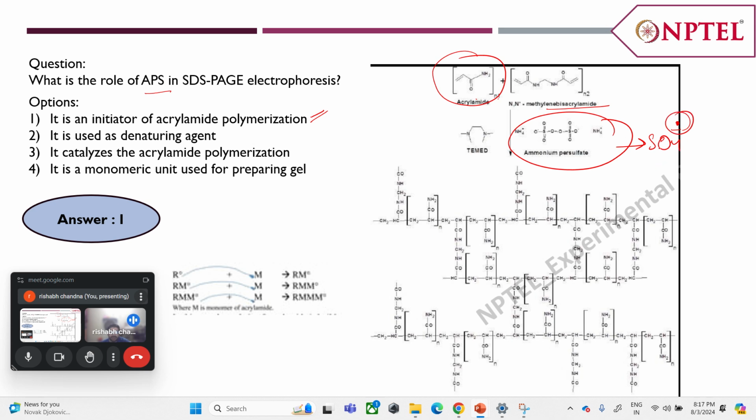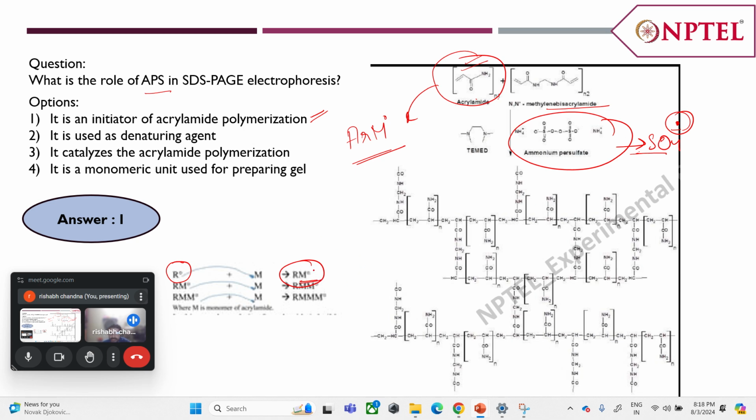Okay, so now what will happen? These sulfate free radicals interact with the acrylamide molecule and it forms acrylamide free radicals, like I have shown in this particular equation. So first, this is the sulfate free radical and it interacts with the acrylamide molecule and forms the acrylamide free radical.